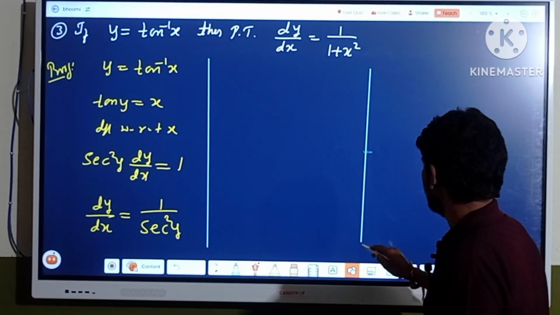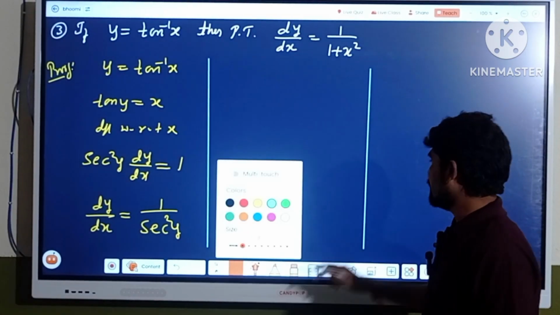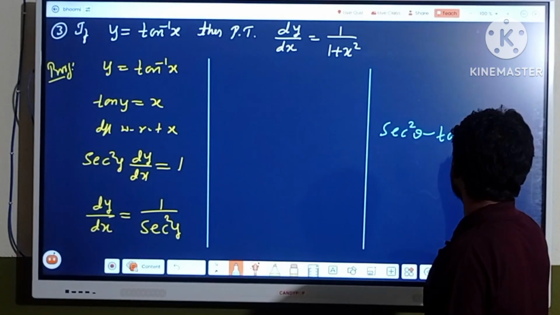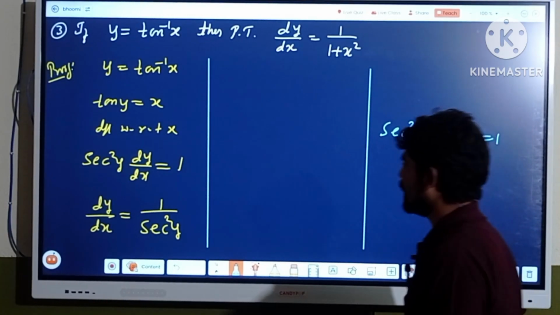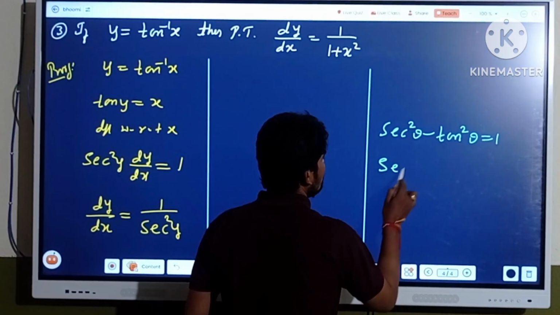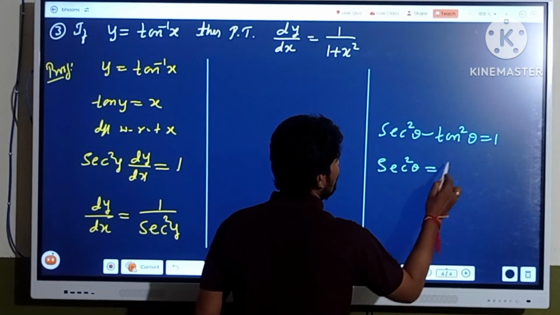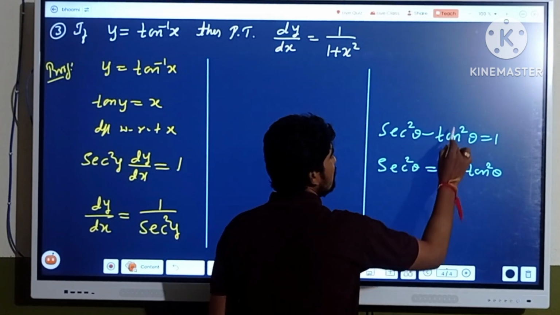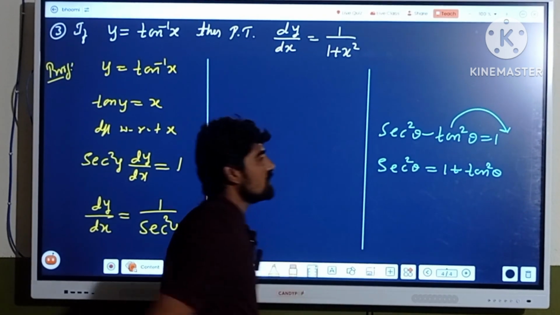we know that secant square theta minus tan square theta is equal to 1. So by using this identity, secant square theta can be written as 1 plus tan square theta. So shift this tan square theta towards the right side.